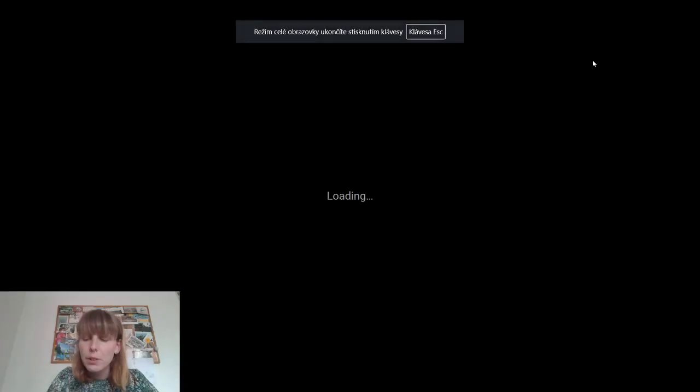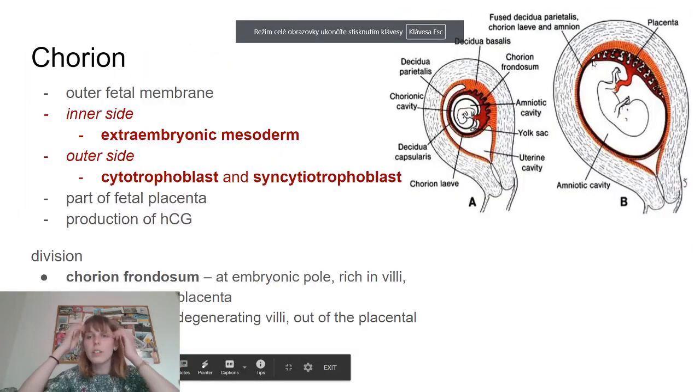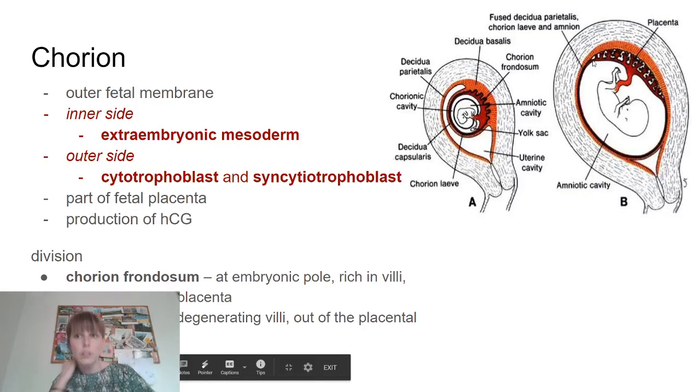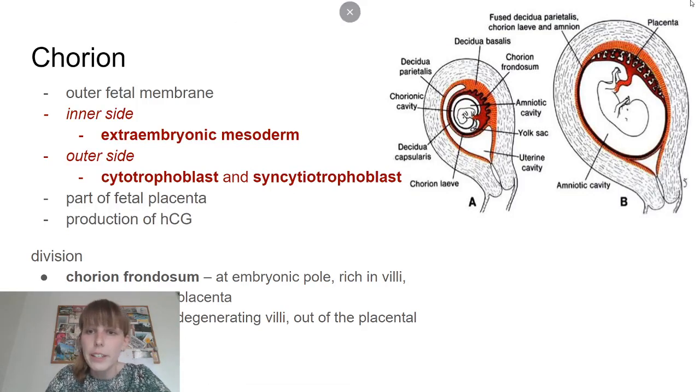So, if we move on, what else do we have here developing from the blastocyst? We already talked about the maternal part, the decidua, and then we have the fetal membranes. One of them is the chorion. The chorion here is the dark reddish color.